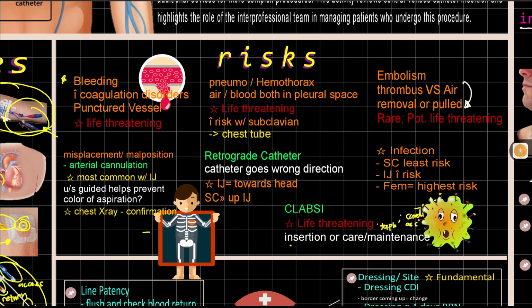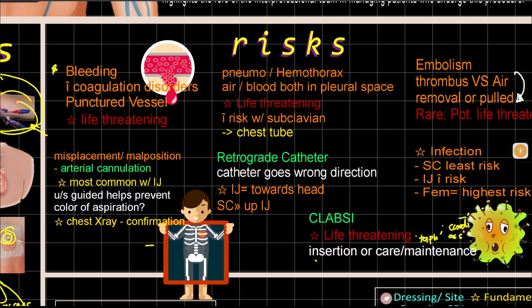Of course, there are risks of inserting a central line. First on the list is bleeding. Especially in patients who have coagulation disorders, there is a high risk for bleeding. What are those blood disorders? Thrombocytopenia, low platelet count, patients who are receiving heparin, you know what I mean?